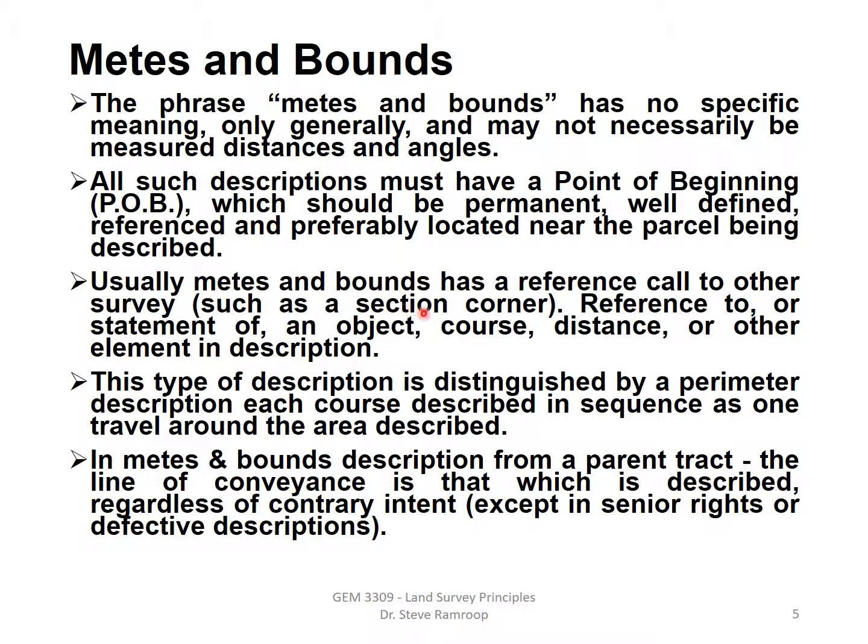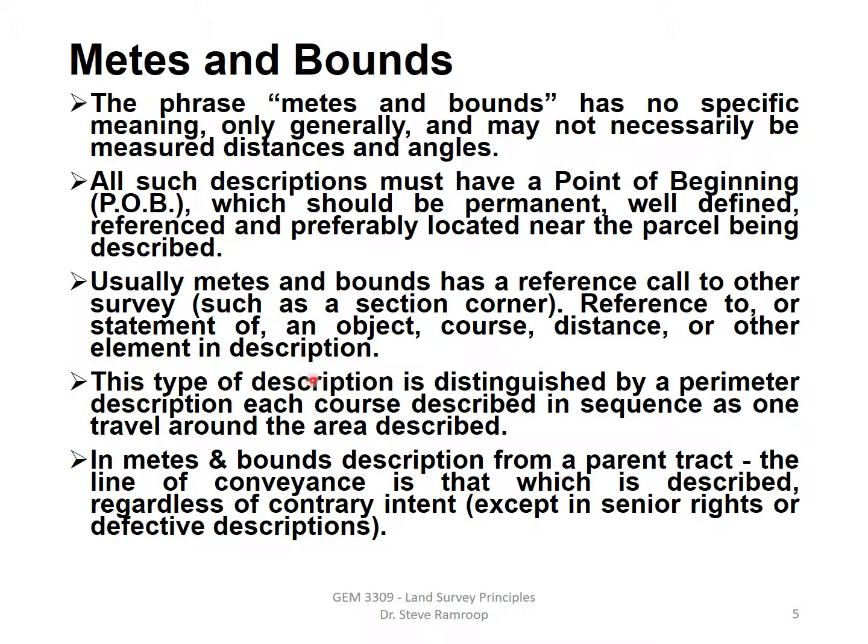Usually, metes and bounds have a reference call to other surveys, so they are tied to other surveys, such as the original USPLS section corners, or a reference to or statement of an object, a course meaning a direction, a distance, or other element in the description.